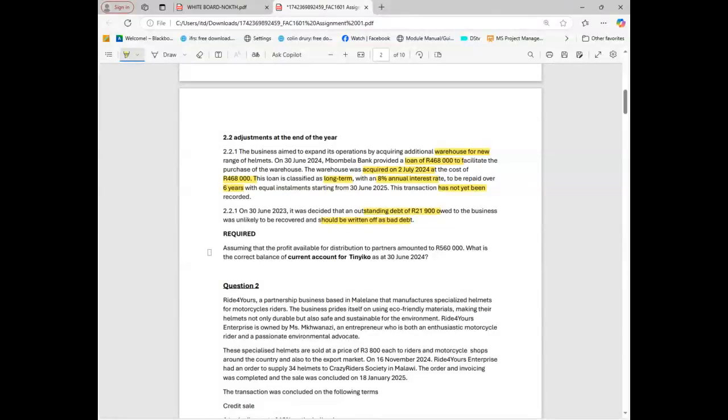So the requirement, they say assume that the profit available to the partners for distribution is 560. What is the correct balance of the current account for Dinico as at 30th of June 2024? What I'm going to do here is show it using an account.